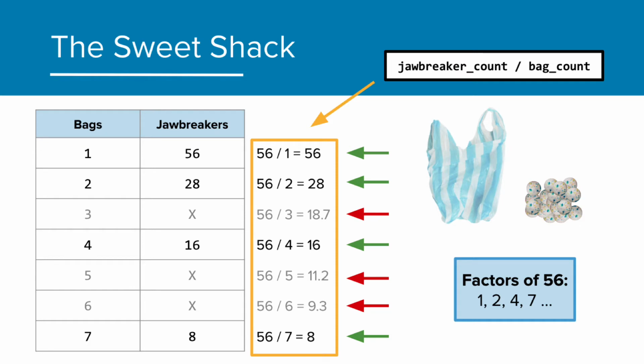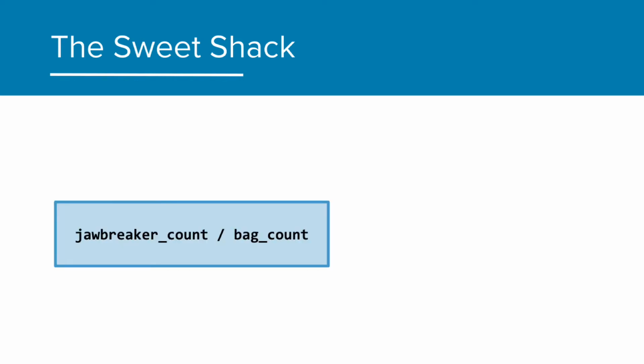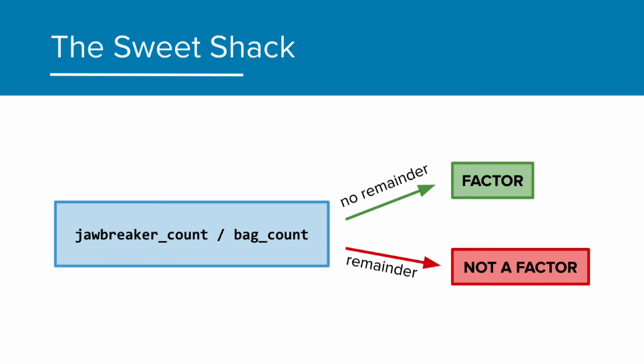Remember, this calculation is jawbreaker count divided by bag count. So can the computer complete this calculation, then determine if there is no remainder, bag count is a factor of jawbreaker count, or if there is a remainder, bag count is not a factor of jawbreaker count?